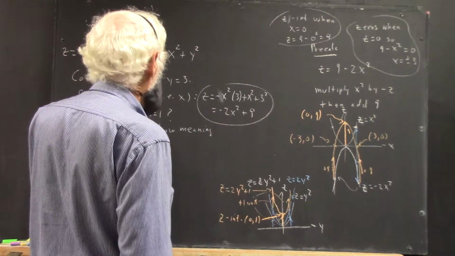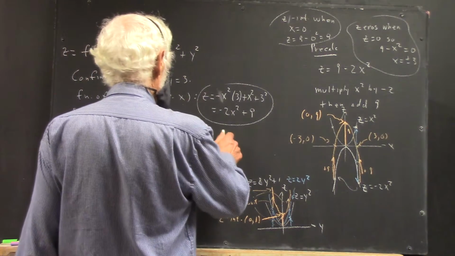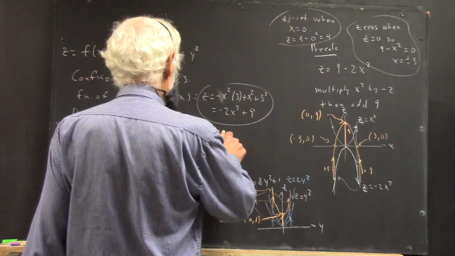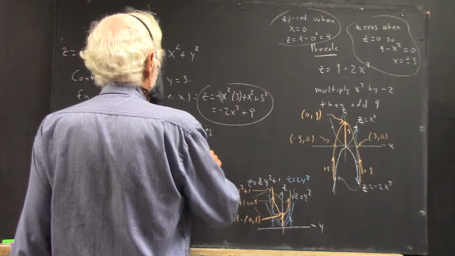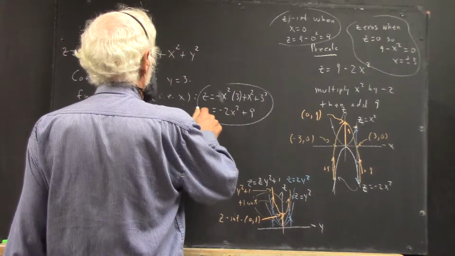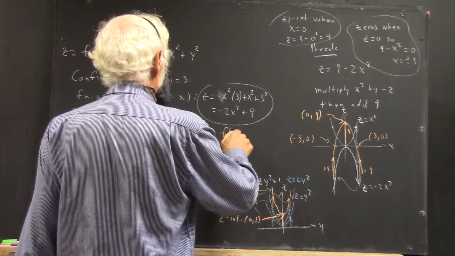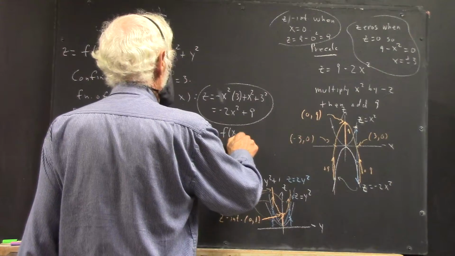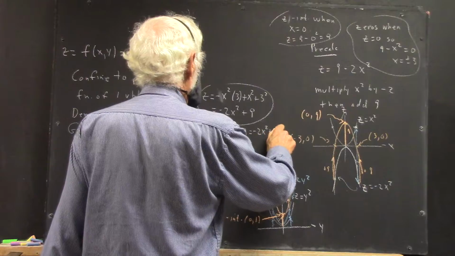Okay? What's the derivative at x equals 1? Well, we're going to say it like this: f of x, 3 then equals negative 2x squared plus 9.